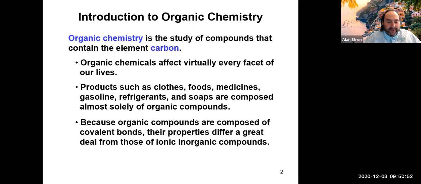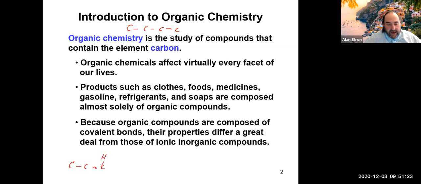Let's start with the idea of organic chemistry, and probably the first thing that you always see in an organic book is basically that organic chemistry is the chemistry of carbon. It's basically the chemistry of carbons and hydrogens. The basic connection of most organic compounds is carbons attached to carbons, and attached to those carbons are hydrogens.